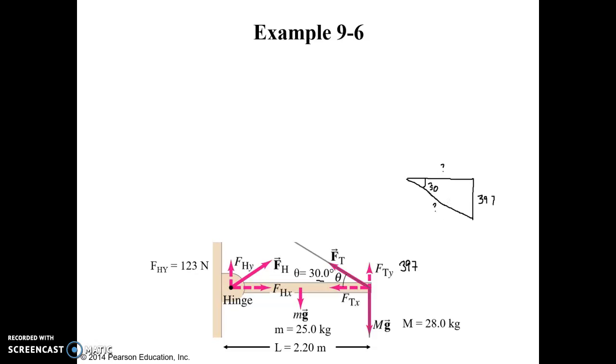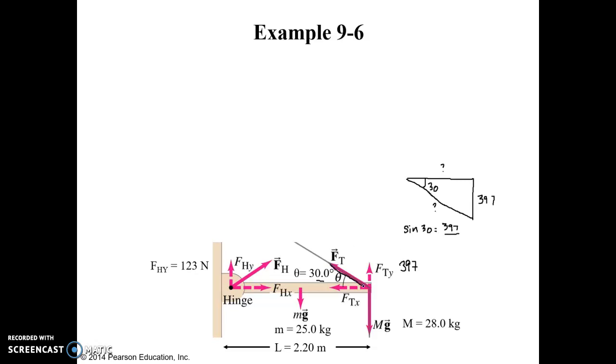Looking at this angle, we've got the opposite and hypotenuse, SOH, so we could say sine of 30 equals the opposite side, 397, over the hypotenuse.